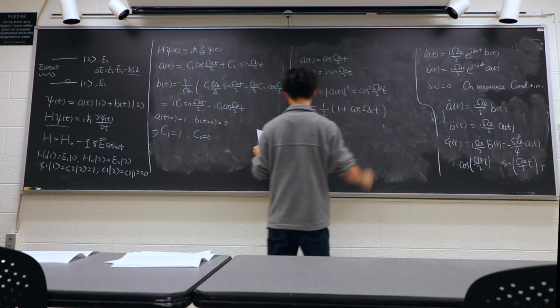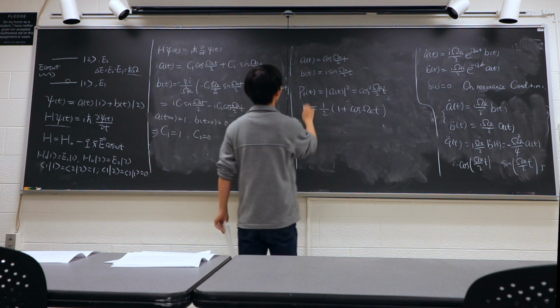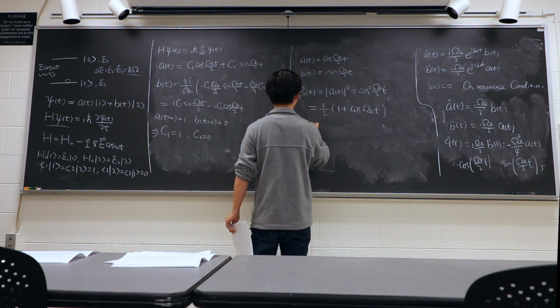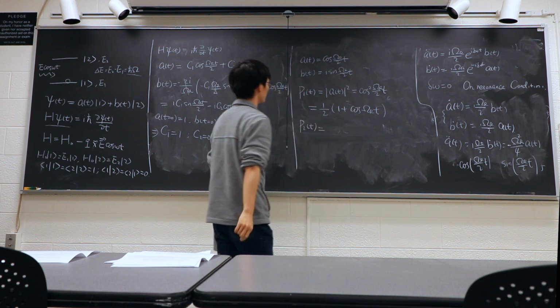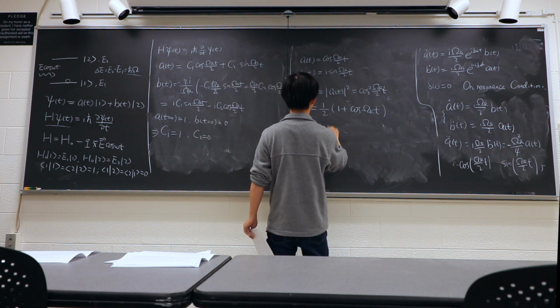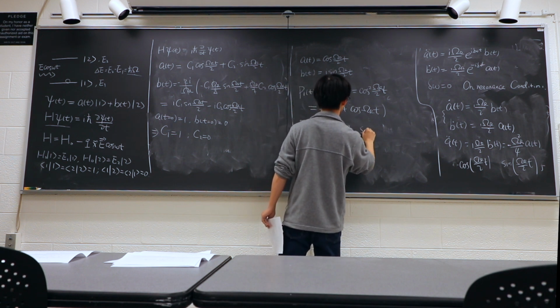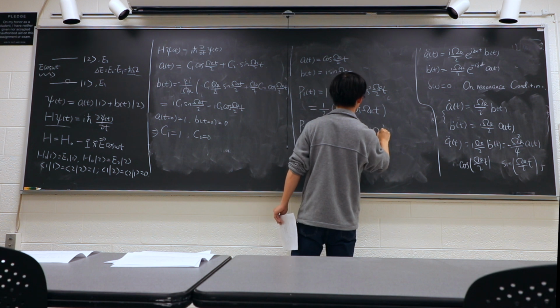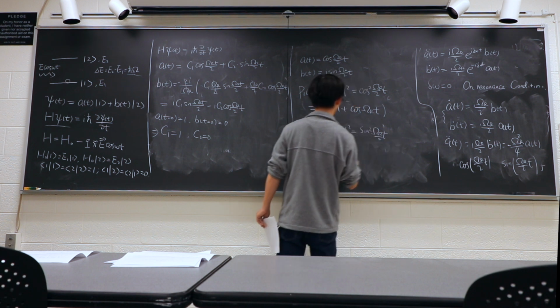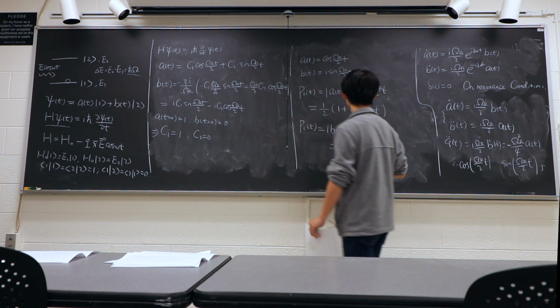Okay, a little bit embarrassing. And then the probability in the excited state becomes |B(t)| squared, sine squared, equals one half of one minus cosine.